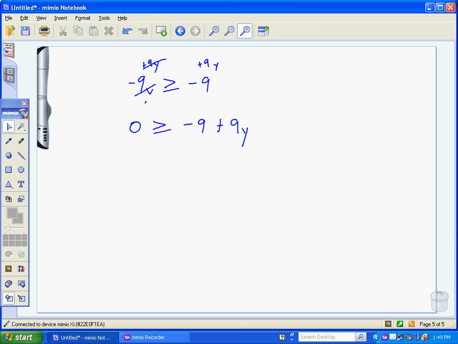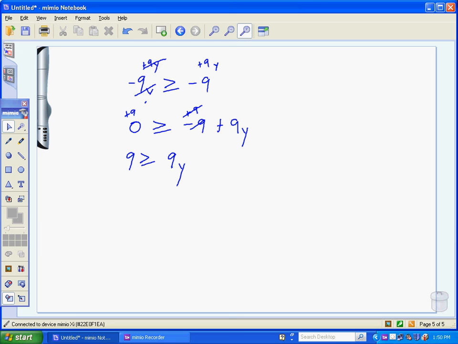This is why we take that shortcut of dividing across an inequality by a negative and just flipping it. Now I'm going to add this 9 across the other way. The 9 cancels here and here. Now I'm left with 9 greater than or equal to 9y.